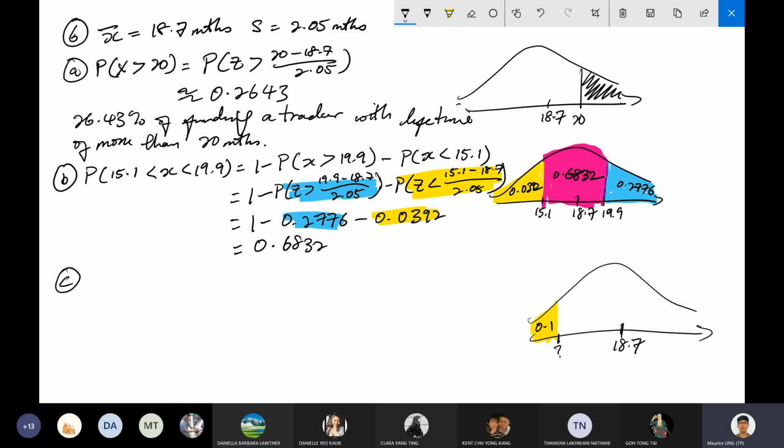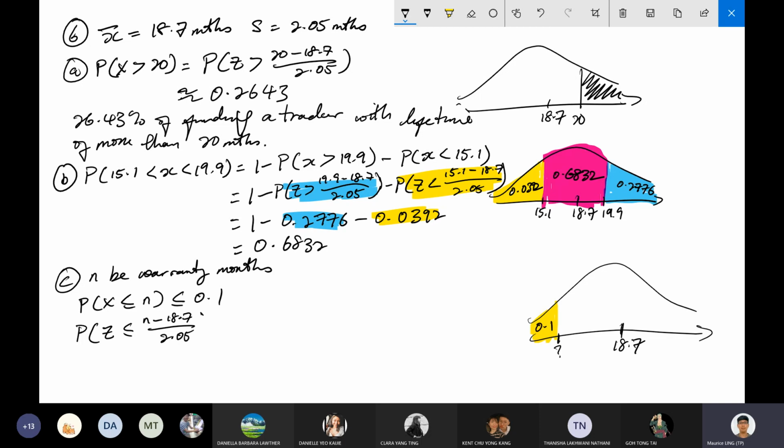Okay, and that is one way of calculating warranty. So let N be warranty months. X is less than or equal to N, less than or equal to 0.1. Okay, so you convert it to the Z value. N minus 18.7 divided by 2.05 gives you less than 0.1.